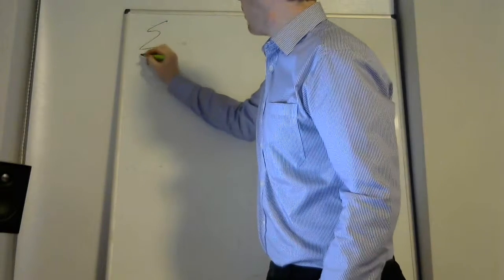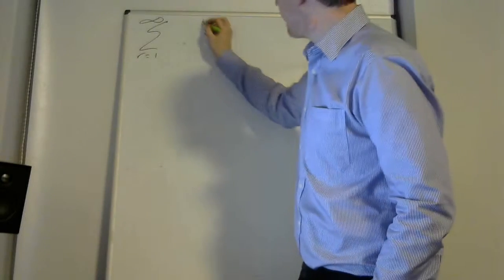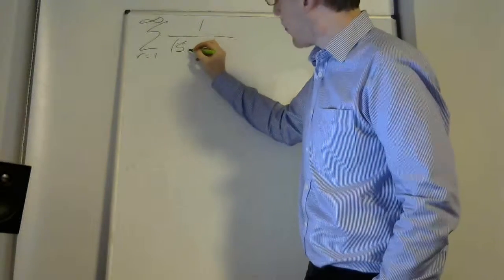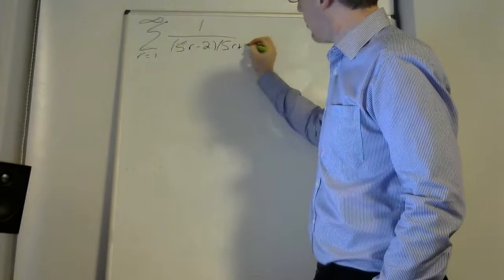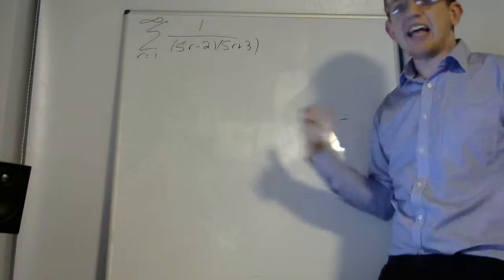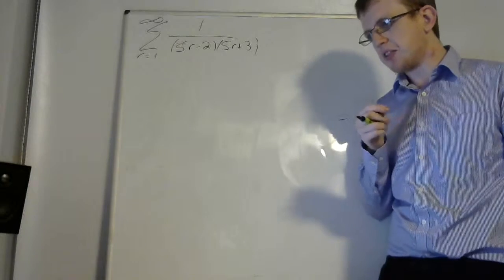Okay, so now we want to find the sum from r equals 1 to infinity of 1 over 5r minus 2 times 5r plus 3. Now it doesn't say hence find the value of, but we are going to be using the previous question.